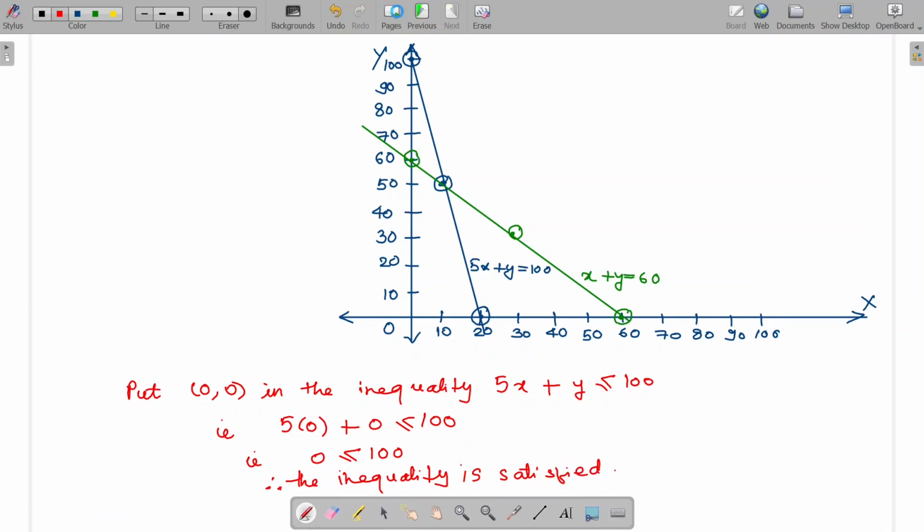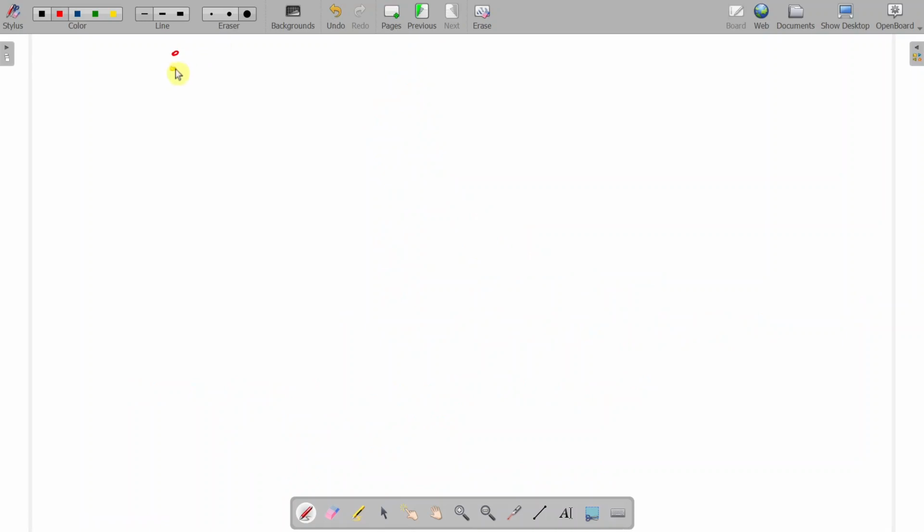So what we have is, therefore, the solution region is the half plane where 0, 0 lies.